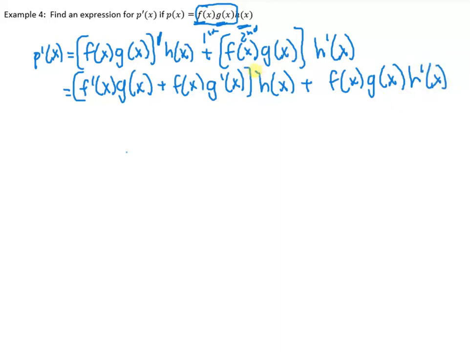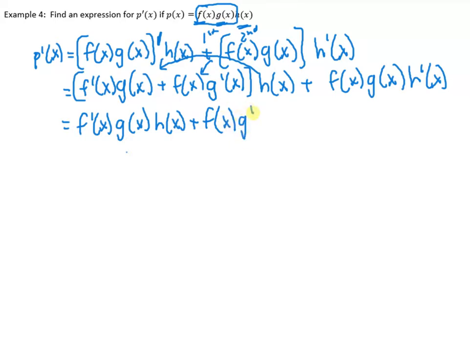Now all we do is expand this h at x into the bracket. Okay, so we have f prime at x, g at x, h at x, plus f at x, g prime at x, h at x. And then finally f at x, g at x, and then h prime at x.